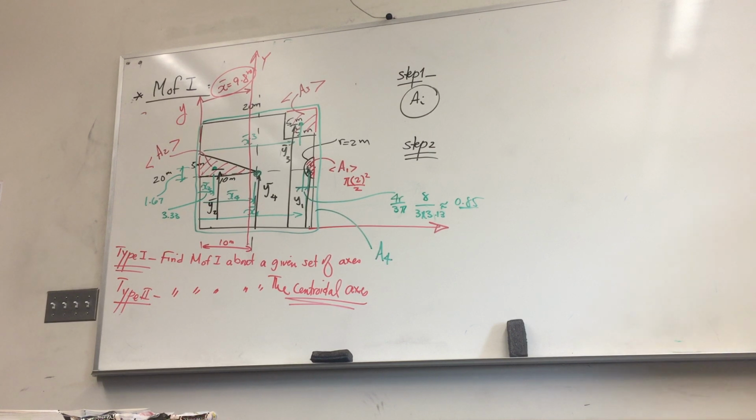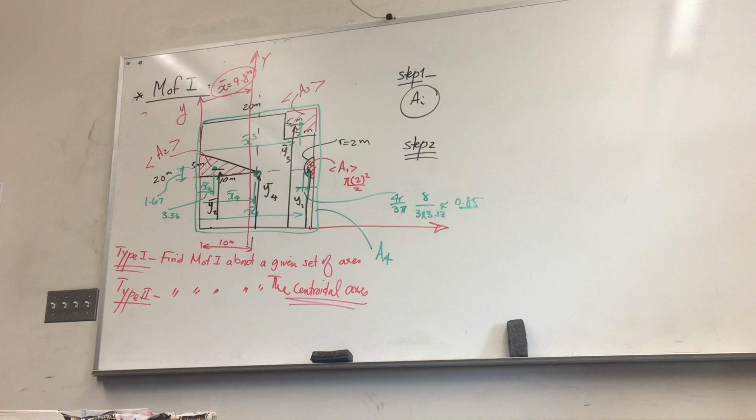Multiply that by the corresponding areas, you get 63 negative, 291.8 negative, 437.5, and 4,000.